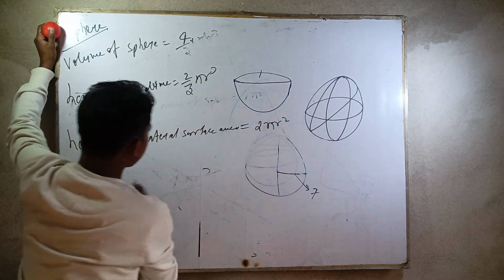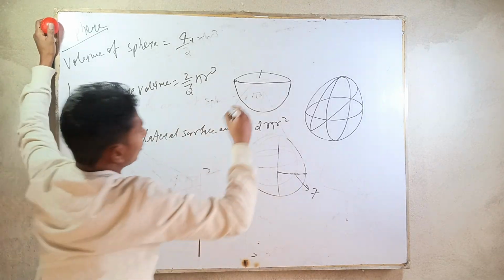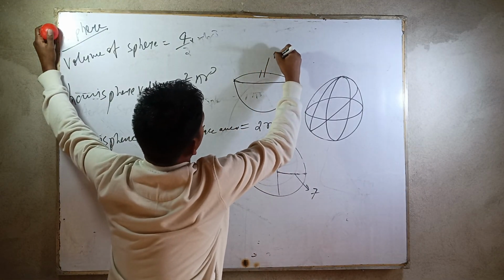If the total surface area of the hemisphere is also added, that means this flat area is added.